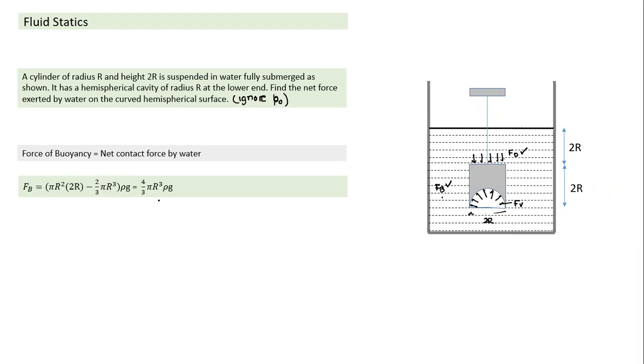So after calculating the force of buoyancy, what we calculate is the contact force on the top circular surface. Top circular surface contact force will be equal to pressure into area. So this is the pressure, rho g into height, into area pi r square. Now what is the equation I form if I take upward direction as positive? Upward direction positive, Fb is positive.